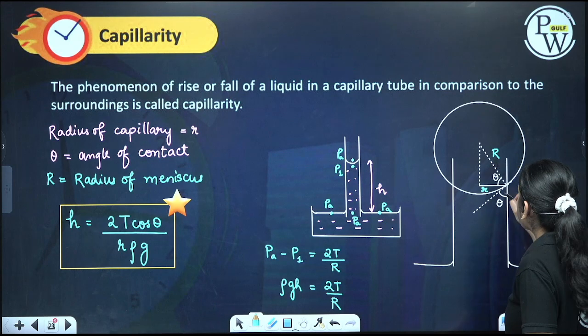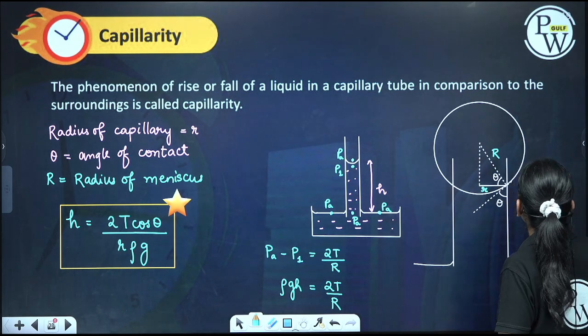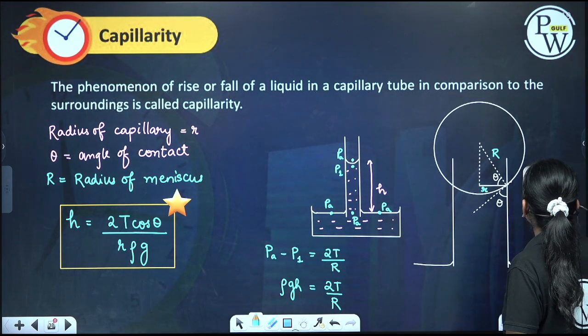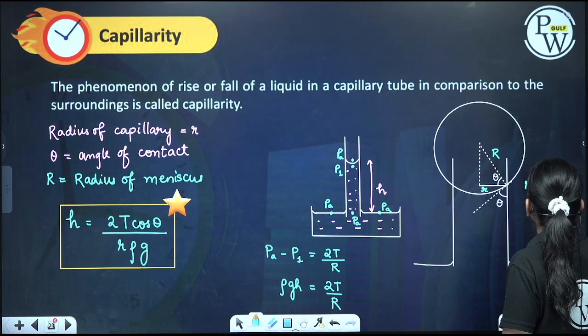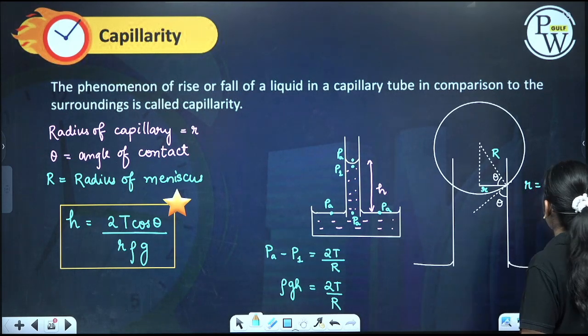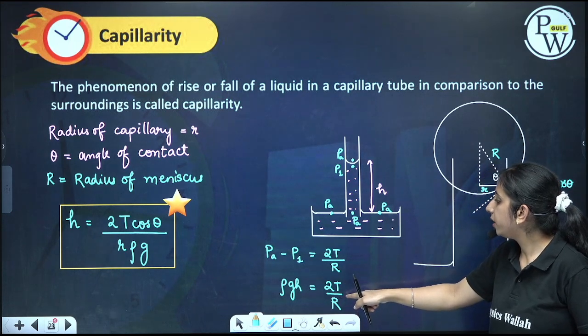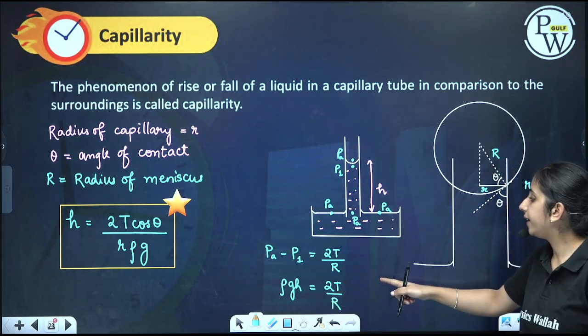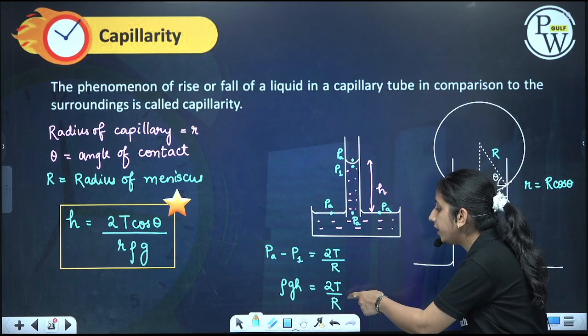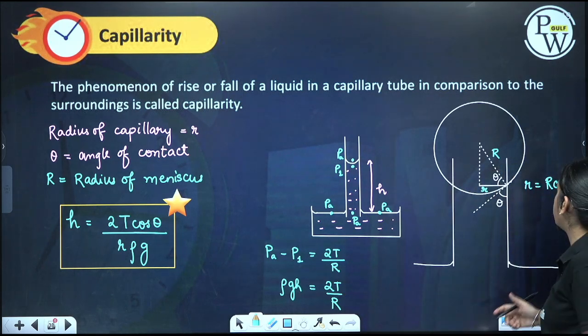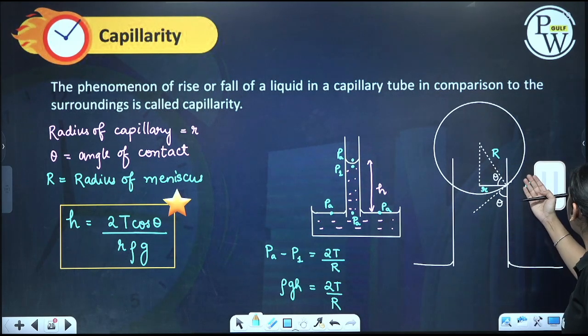And by this triangle, small r is equal to R cos theta. Substituting R as r by cos theta, we get the height h as 2T cos theta by r rho g.